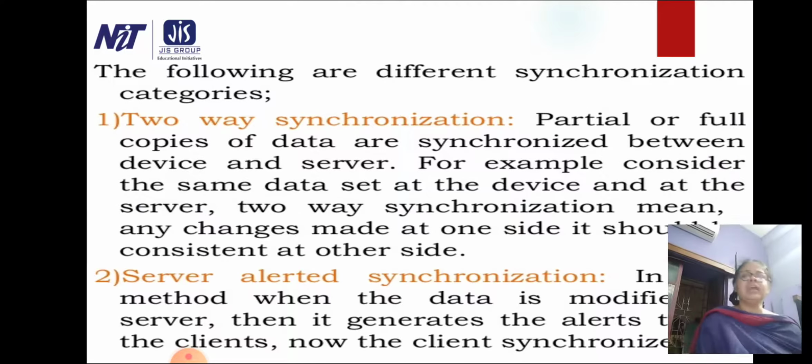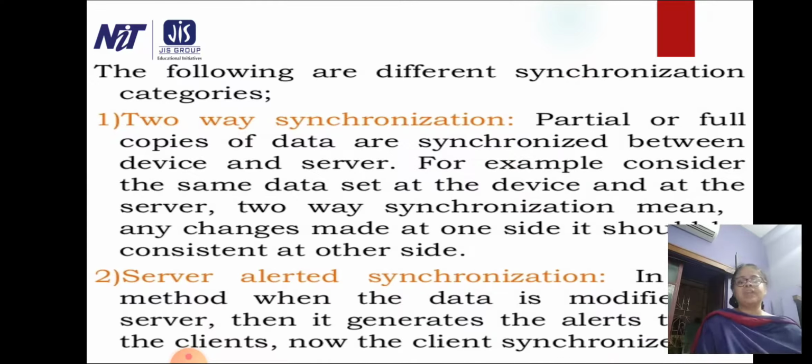The following are different synchronization categories. Partial or full copies of data are synchronized between device and server. For example, consider the same data set at the device and at the server.